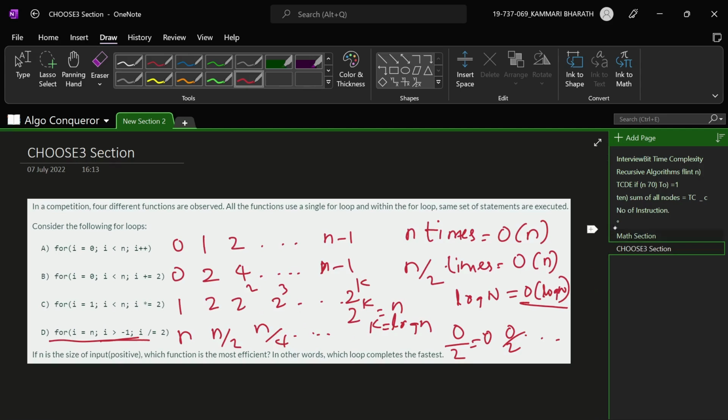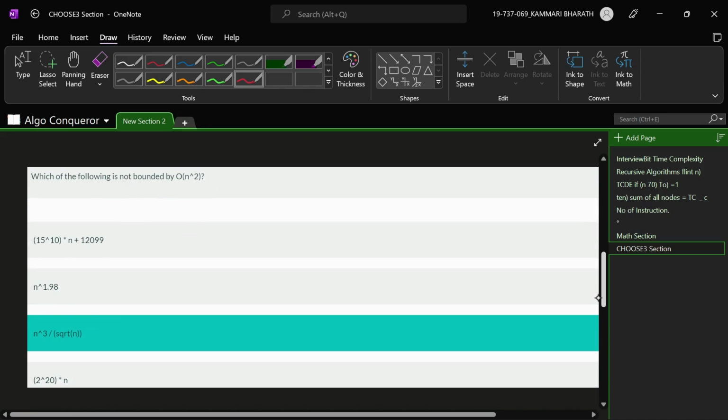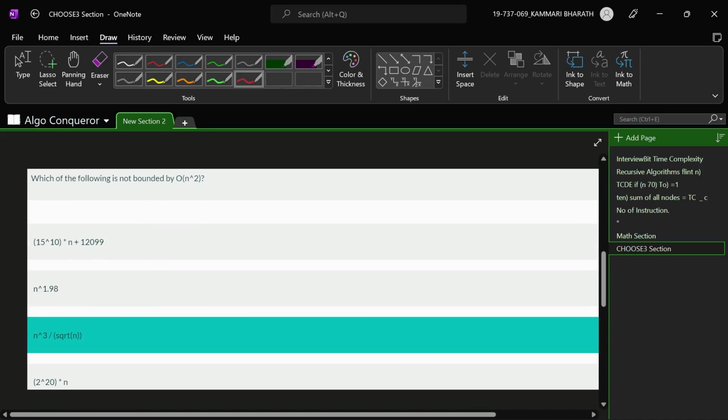And let's go to the next question. Which of the following is not bounded by O of n square? Here we are given 4 options. In the first option, this is of the form c1 into n plus c2.